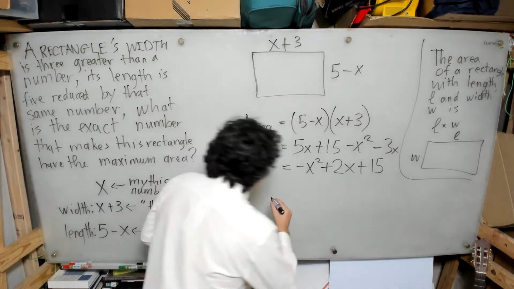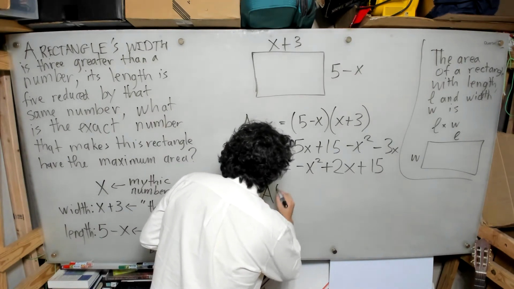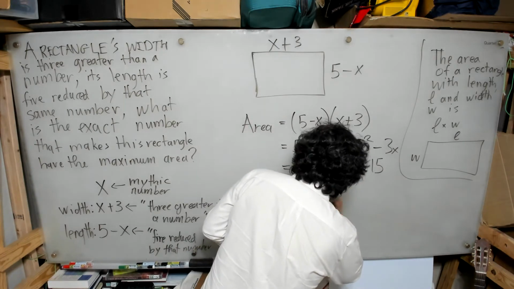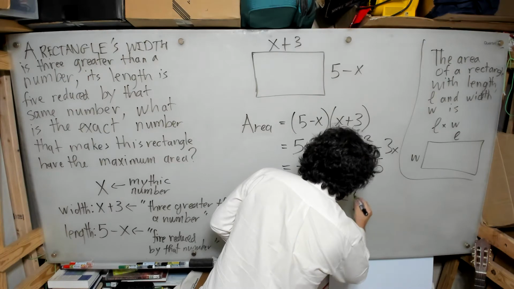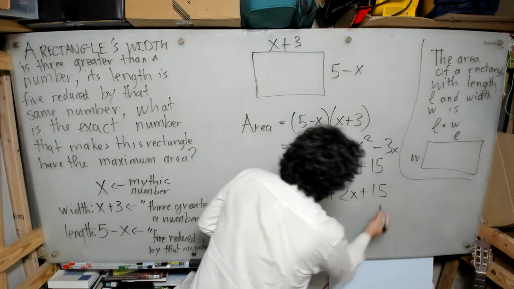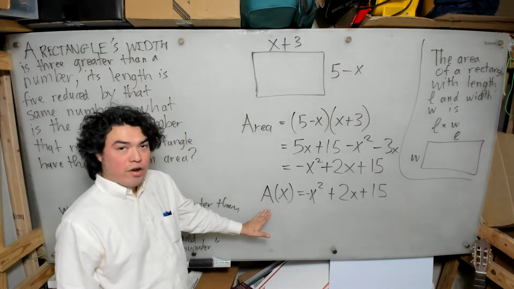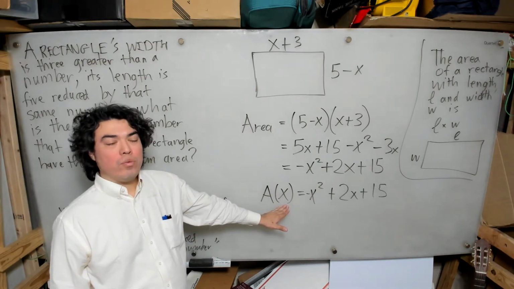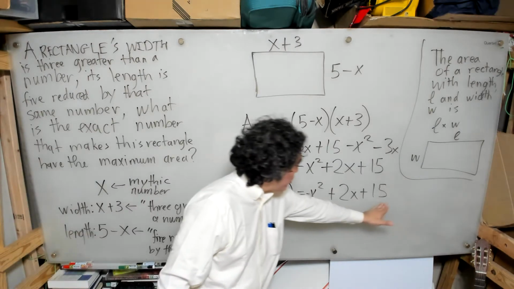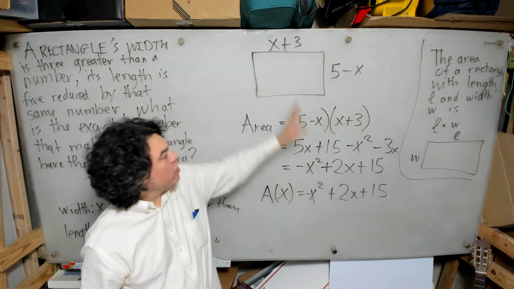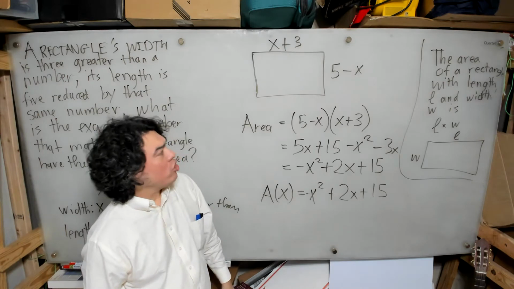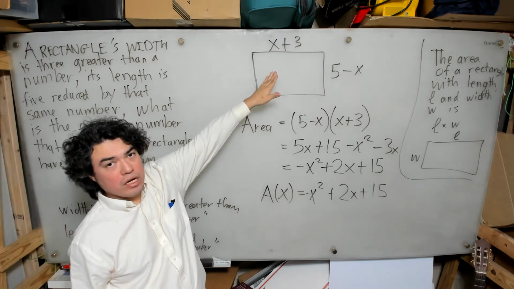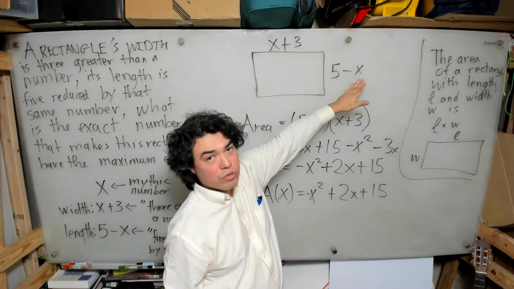In other words, what I've just constructed here, if I want to denote it as a function, is, bear with me here, I've constructed an area function that takes an input x, which is whatever number value we want to try, and it outputs the area of this rectangle, which satisfies the underlying conditions that one side is 3 greater than the number and that the other side is 5 reduced by that same number.